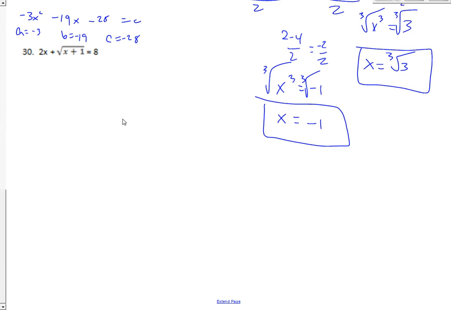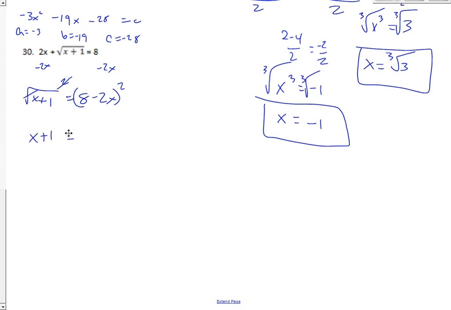Now, this last problem here, number 30, I'm going to need to get the radical by itself and then square both sides. So to get the radical by itself, I need to subtract the 2x. I get the square root of x plus 1 equals 8 minus 2x. Now I'm going to square both sides. When I square both sides, I am going to cancel out the radical on the left. That leaves me with x plus 1.